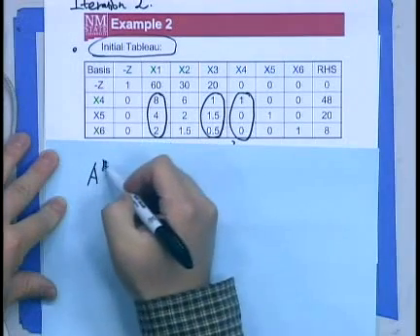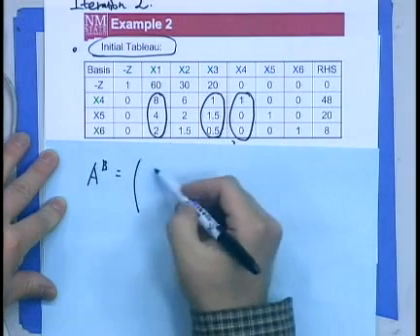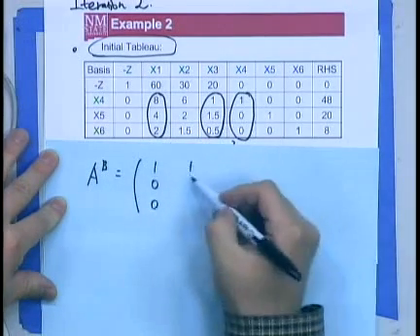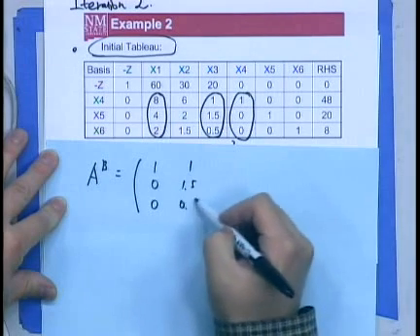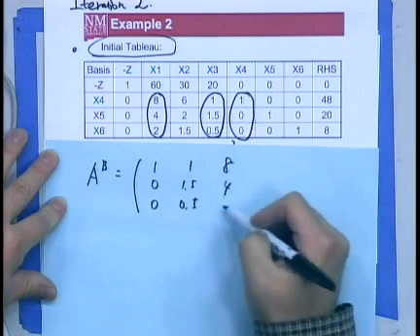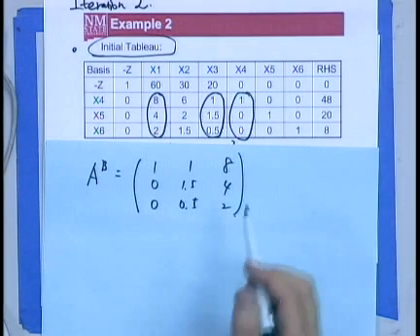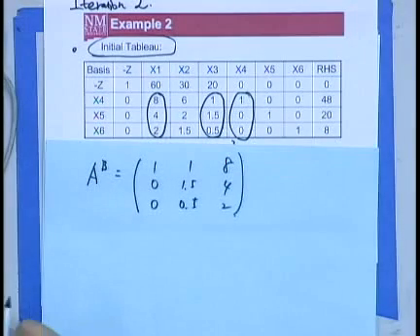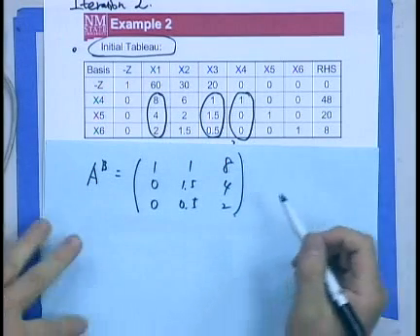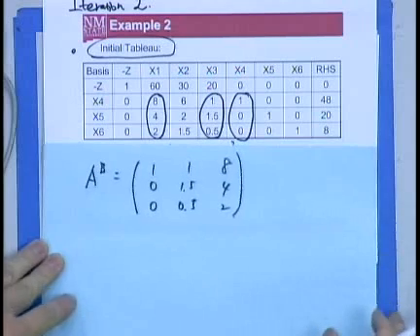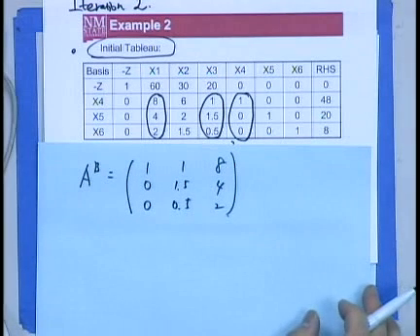The new basis matrix becomes 1, 0, 0, 1, 1.5, 0.5, and 0, 4, 2. Is that correct? Because the basis matrix is obtained by taking the basic variable columns of the constraint coefficients, right?